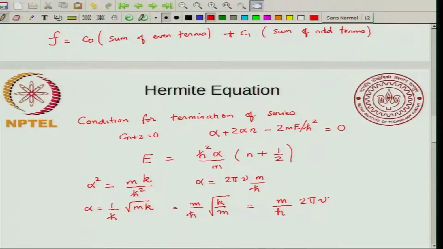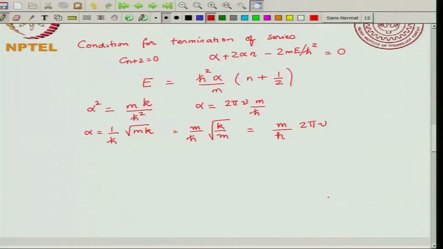So what you will get is that E looks like h bar times 2 pi nu, where nu is the frequency, times (n + half), and this is E terminating at n.